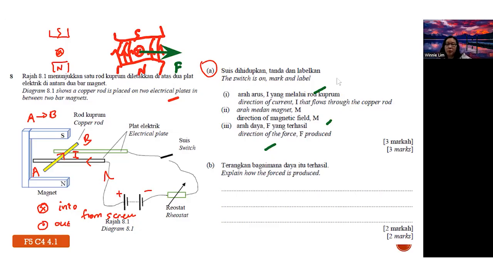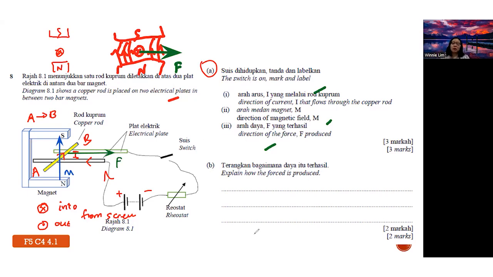For the magnetic field, no need to show so many arrows. The magnetic field is from north to south, then you label M. Just now I showed you how to obtain the force through drawing and with your Fleming's left-hand rule. Don't use the wrong hand. If you use the wrong hand, you will obtain the wrong answer here. This is the force. Like this, you already get 3 marks.